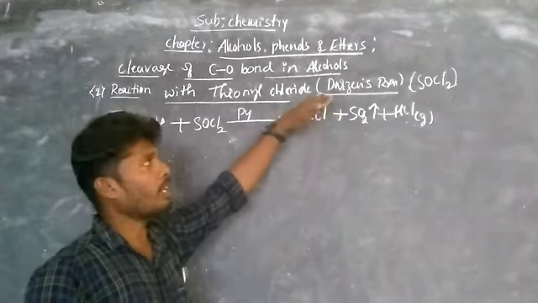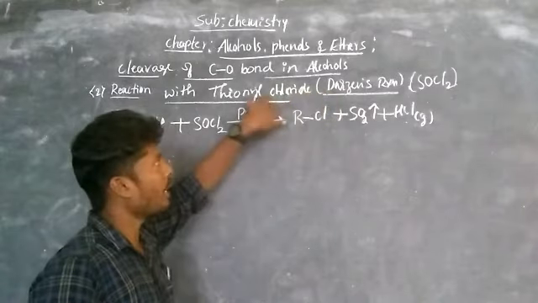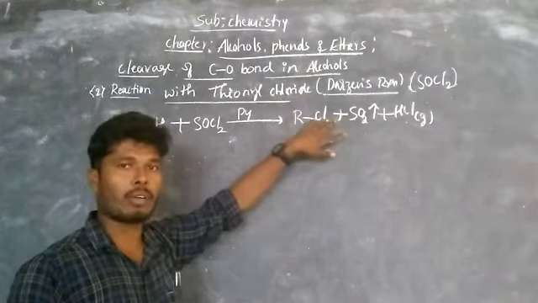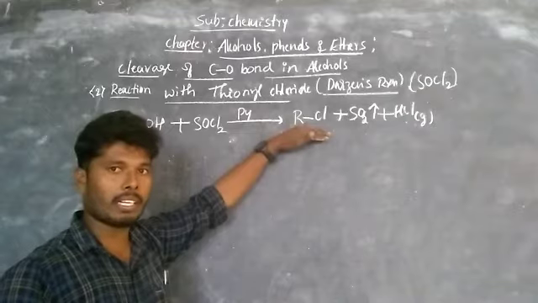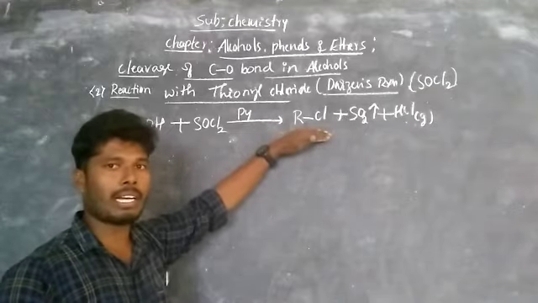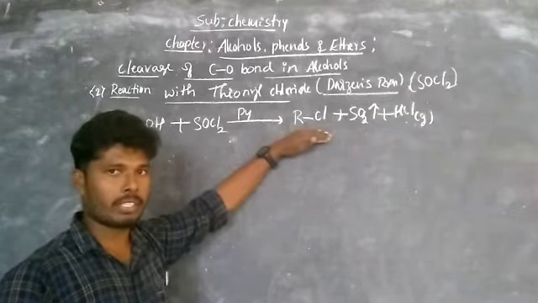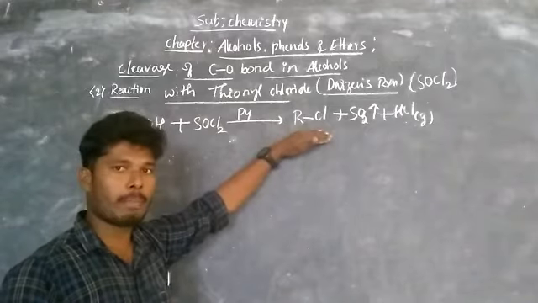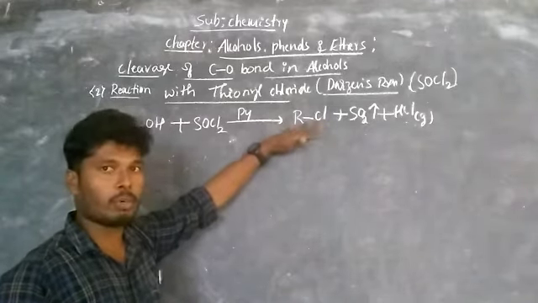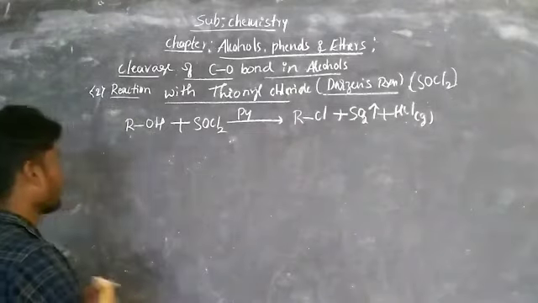It means from the Darzens reaction, the reaction of thionyl chloride with alcohol, we can get pure alkyl halide, that is alkyl chloride. This is the merit or benefit of this chemical reaction.